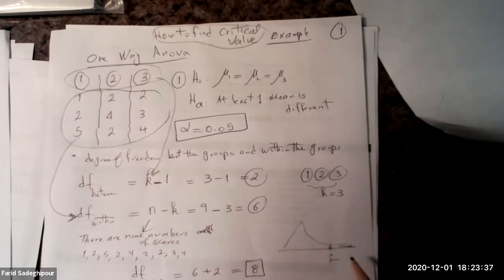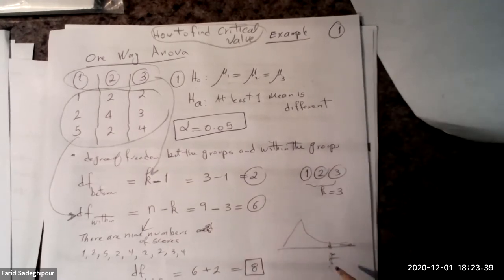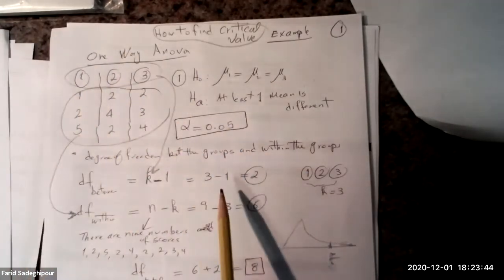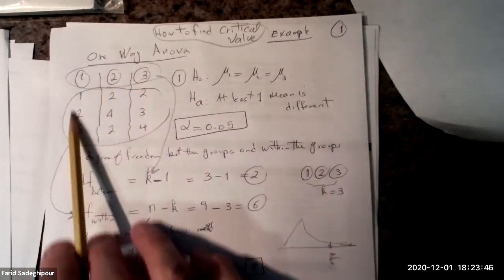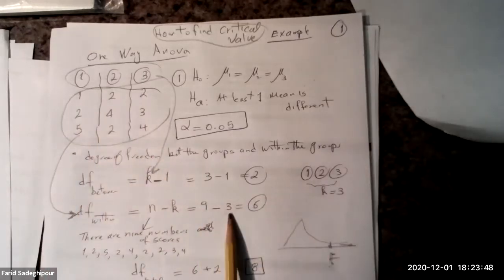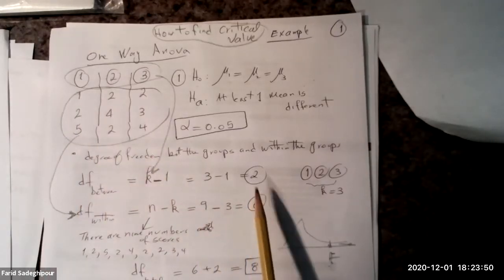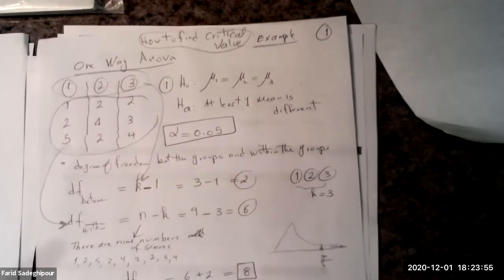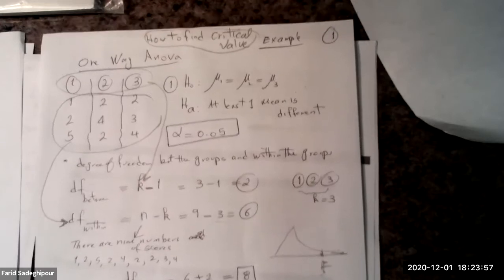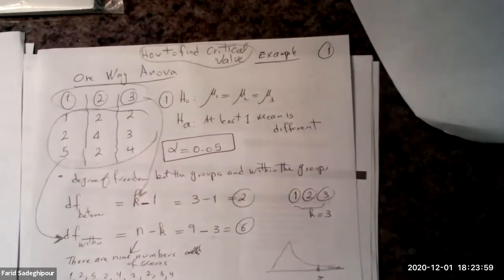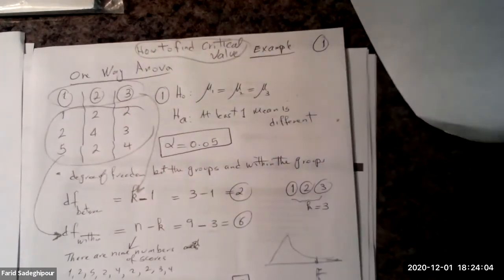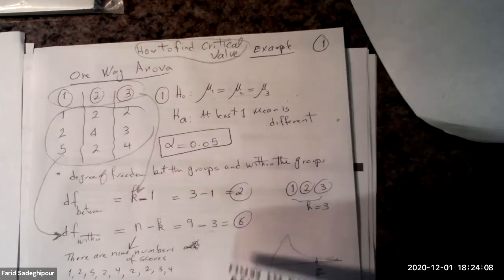This is the F that you find through the table. So for that, there are 1, 2, 3 categories. So that would be K. N is how many numbers we have here? We have 9, so 2 and 6. So there are always 2 degrees of freedom. And this 2 and 6, you just go and find that on the tables. See here?